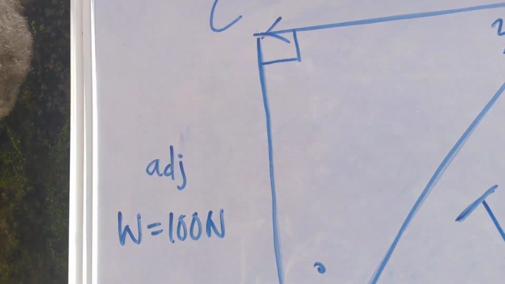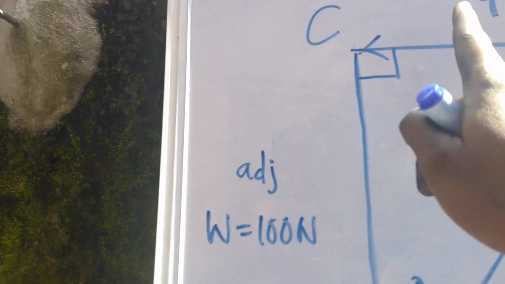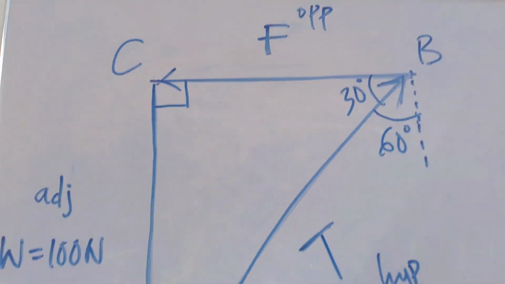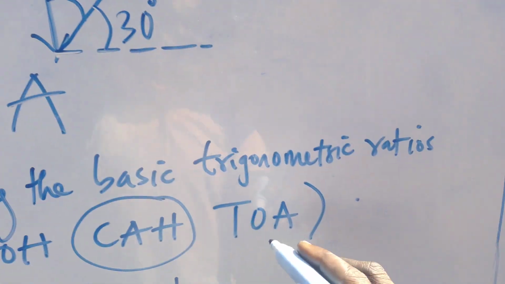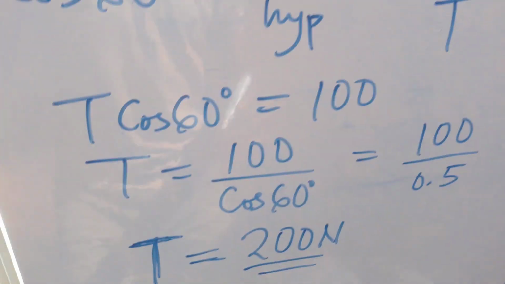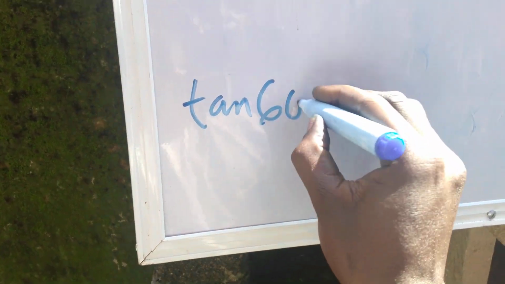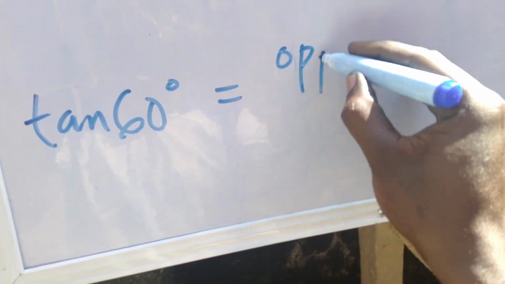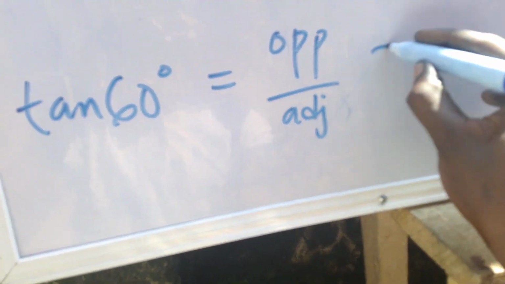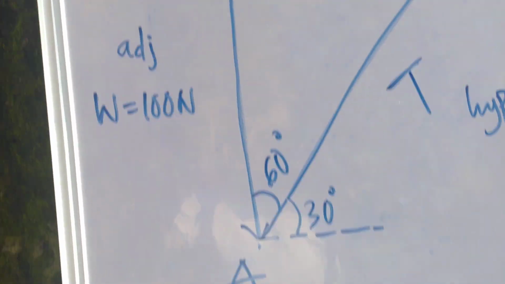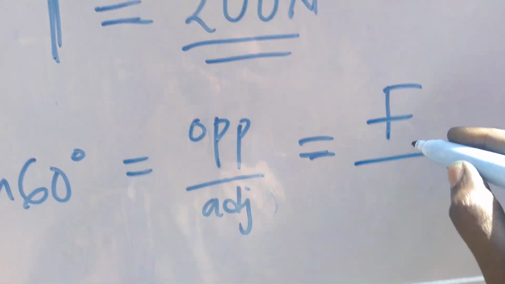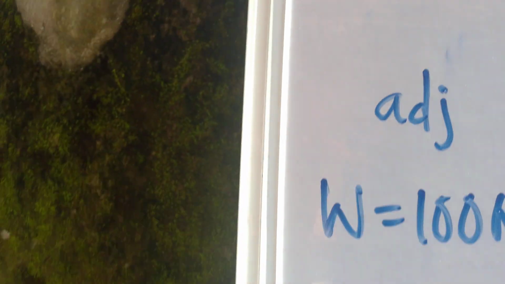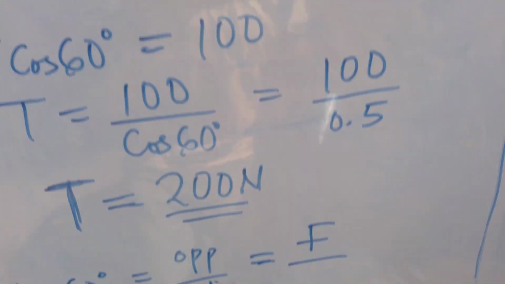So this now will be opposite over adjacent. That's tan, so we go for tan now for this case. To find force F, tan 60 degrees is the opposite side over the adjacent side, and the opposite side is F. The adjacent side is W, which is 100 Newton.